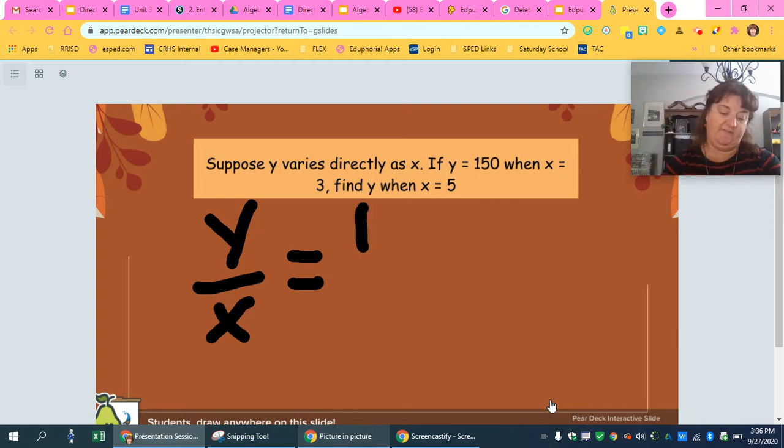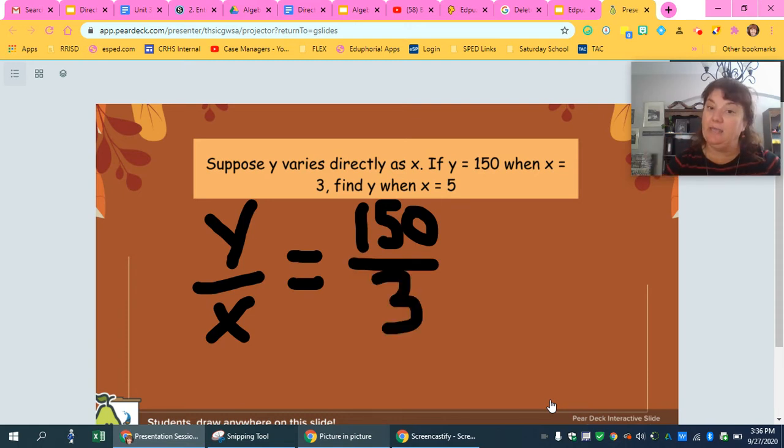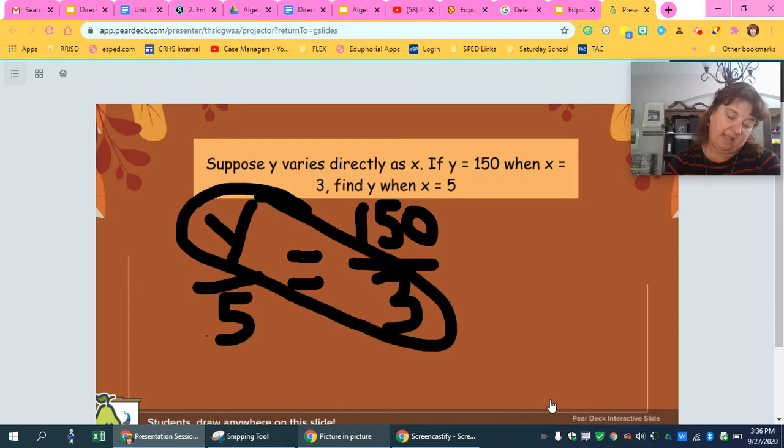150 when x is 3. Find y when x is 5. This time we're going to erase the x. When x is 5, we're going to solve for y. Just doing our cross multiplying, our butterfly.